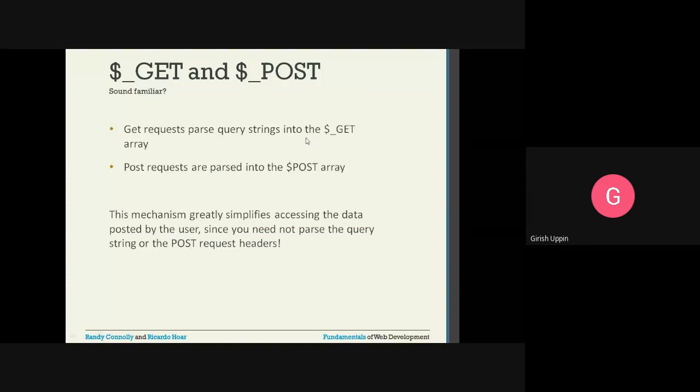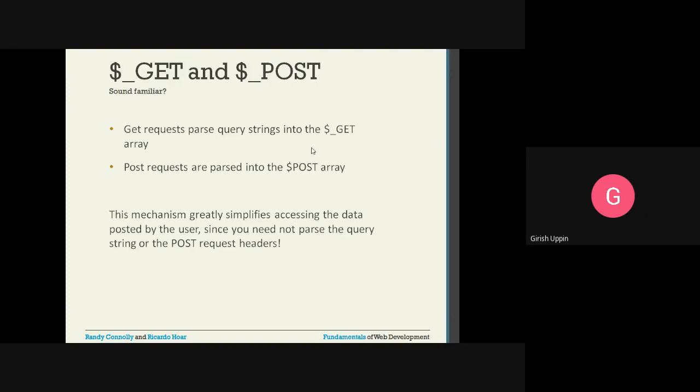A GET request parses the query string into $_GET. So $_GET will have the parsed values. You need not worry about cleaning up. Whatever parameters you are sending from your web application will be the keys, and you can access the value using that particular key.